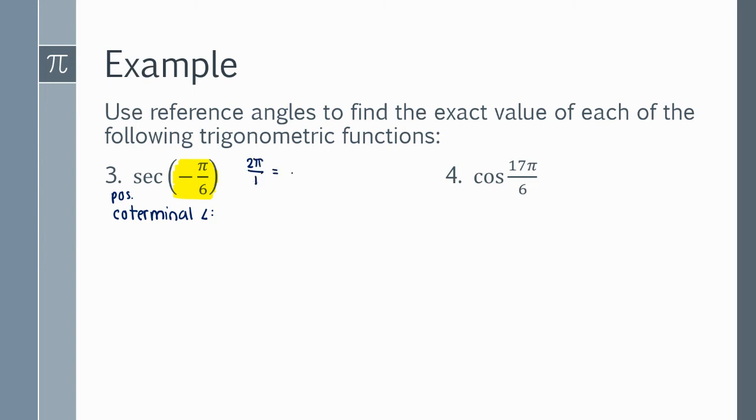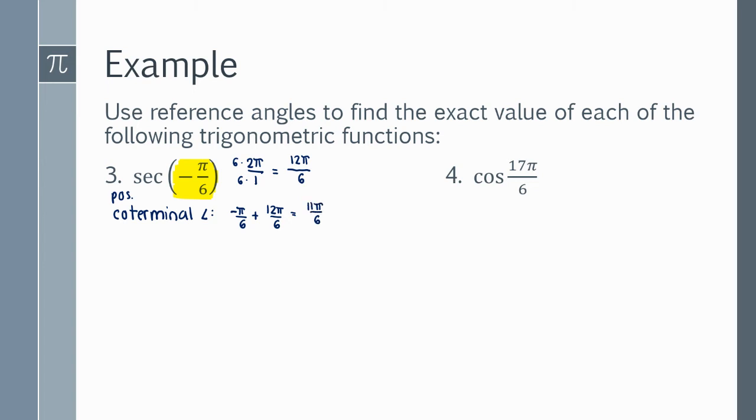Because in my problem I have a denominator of 6, that meant I multiplied the bottom by 6, which means I multiply the top by 6. So 12 pi over 6 is what I want to add onto my negative pi over 6. So negative pi over 6 plus 12 pi over 6 gives me 11 pi over 6.